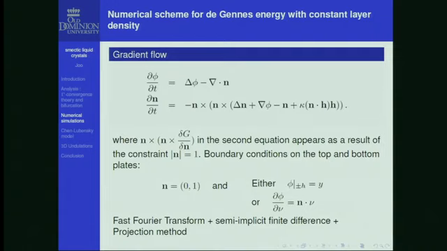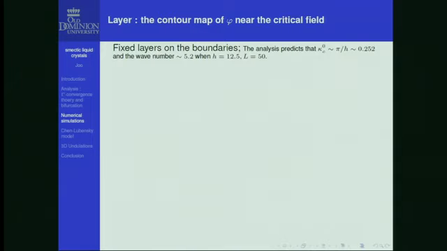Then we have two different boundary conditions on the layers. The methods that we use are Fourier transforms on the lateral side, a semi-implicit finite difference method, and the projection method from micromagnetism. So we can numerically simulate that.